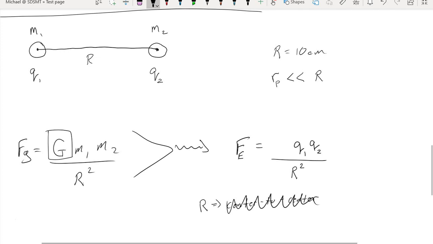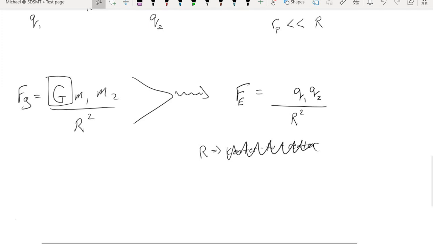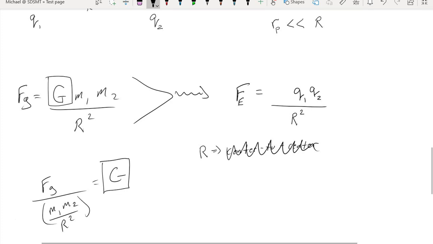For Newton, he had big G, and the way Newton found the value of big G was Newton just took the ratio of everything else that was in the expression to find big G. And as it turned out, big G was a universal constant. This number kept showing up again and again and again, regardless of the mass combinations, force and separation distance.